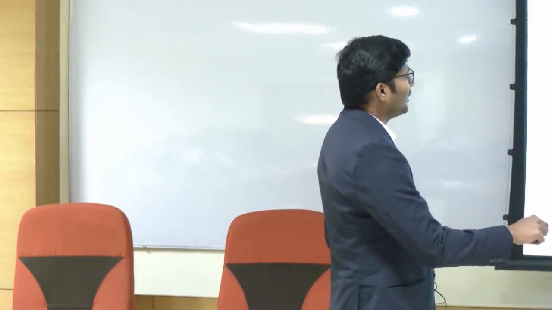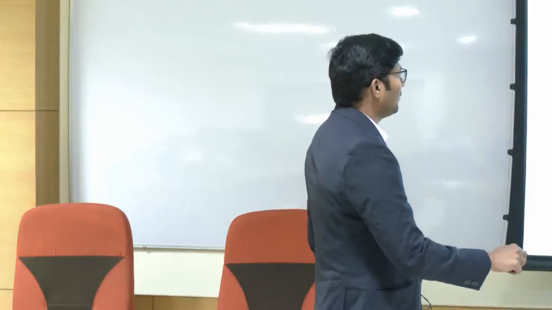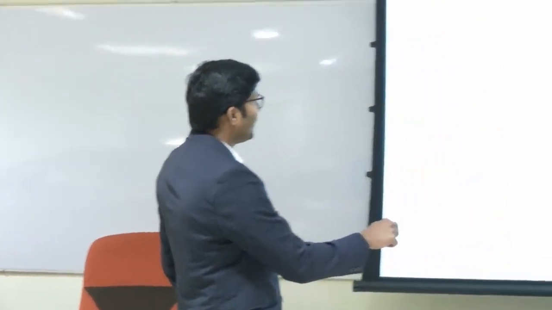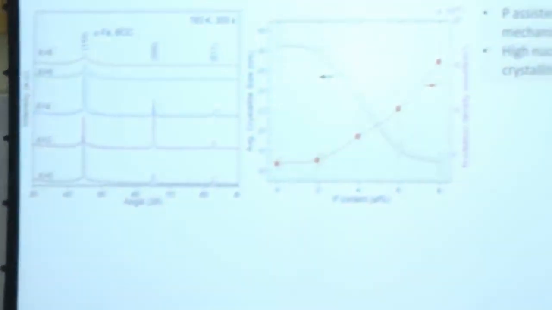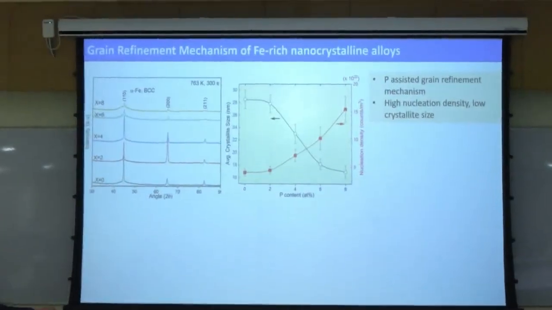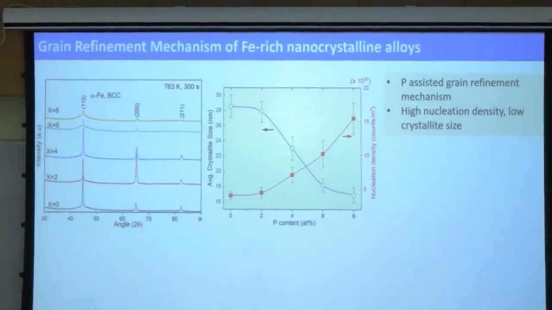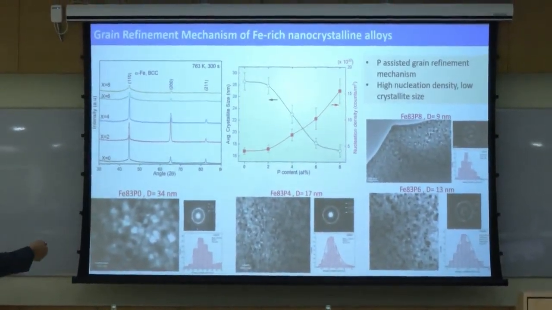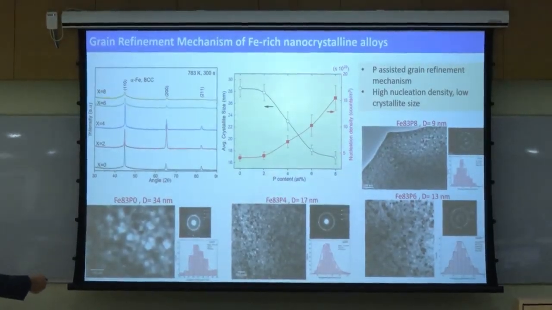Quantitatively, with phosphorus content we got the most desirable property. My grain size is reducing by half, from 28 nanometer to 15 nanometer, whereas my nucleation density is increasing by an order of magnitude. This is very favorable, and these are the TEM results confirming the grain size reduction.